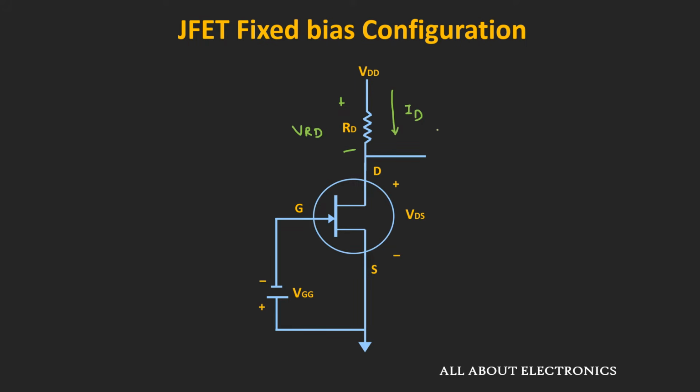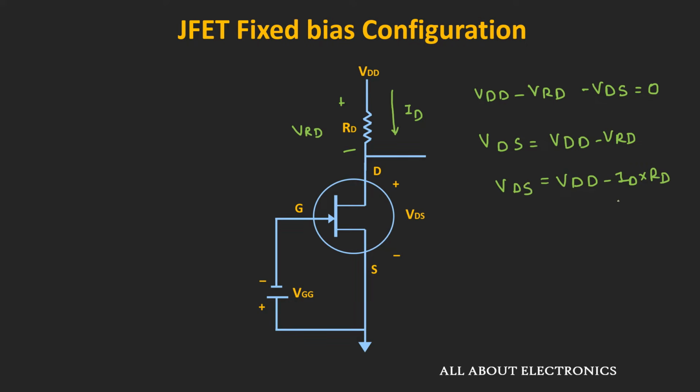So applying the KVL in the outer loop, we can write VDD minus VRD minus VDS is equal to 0. Or we can say that this voltage VDS is equal to VDD minus VRD. And here VRD can be written as ID times RD. So this is the expression of the voltage VDS in terms of the drain current ID.